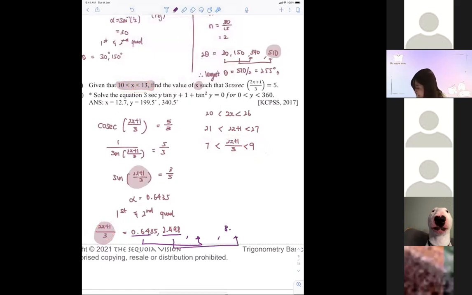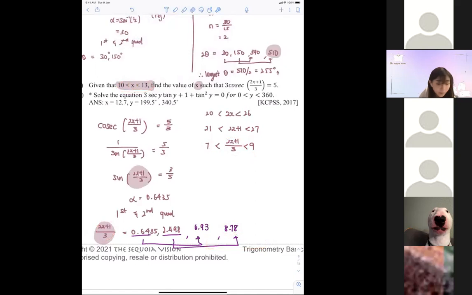Find this one first, 8.78. Then 6.93. This is the only one between 7 to 9. So you cannot add any more already. It will be too big because 2 pi is 6 point something.